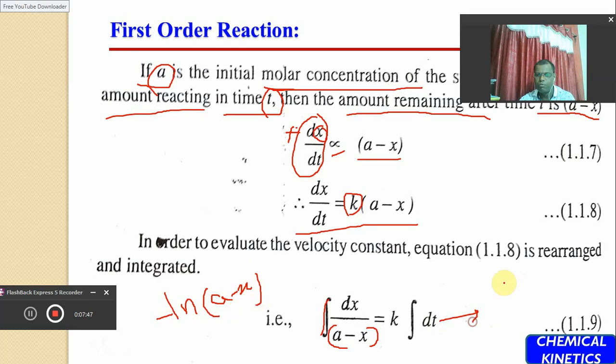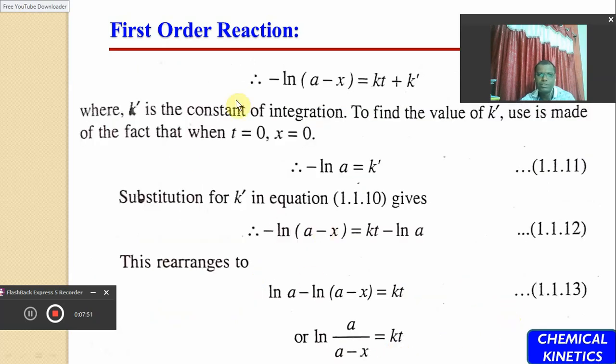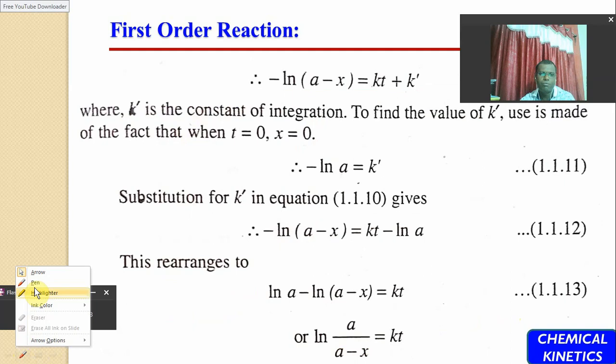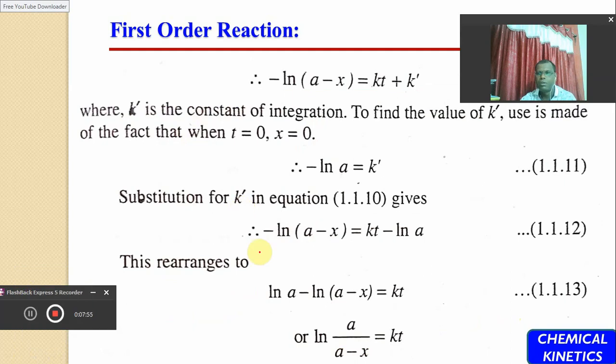The integration of dx upon (a minus x) will be minus ln of (a minus x), remember that, while the integration of dt will be only t. Therefore it is minus ln of (a minus x) equal to k into t plus a constant of integration, because it is without limit.